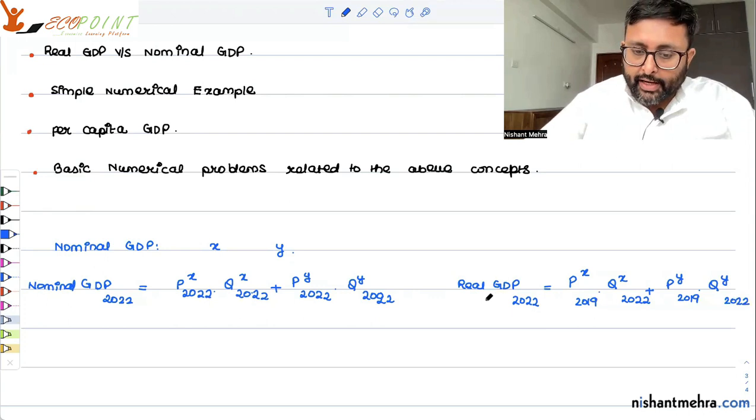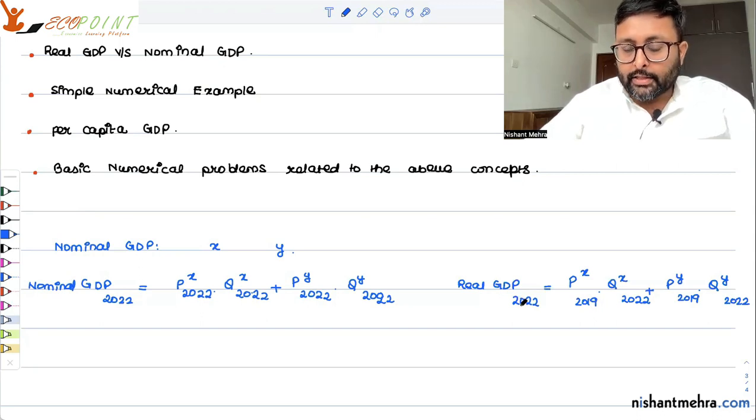So it's the value of final goods and services produced in a particular year, that is produced in 2022, expressed in the price of the base year. So we are assuming that base year is 2019.